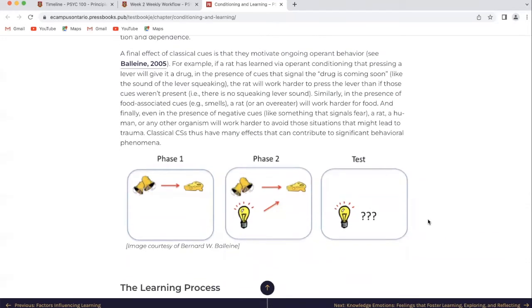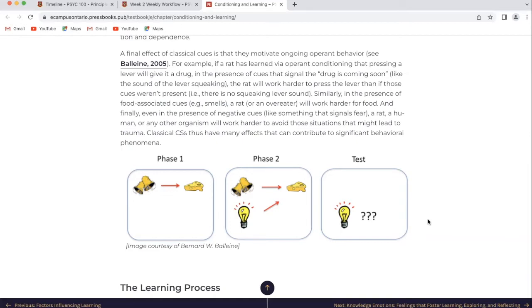A final effect of classical cues is that they motivate ongoing operant behavior. For example, if a rat has learned via operant conditioning that pressing a lever will give it a drug, in the presence of cues that signal the drug is coming soon, like the sound of the lever squeaking, the rat will work harder to press the lever than if those cues weren't present, i.e., there's no squeaking lever sound.